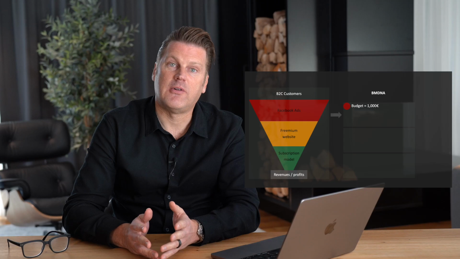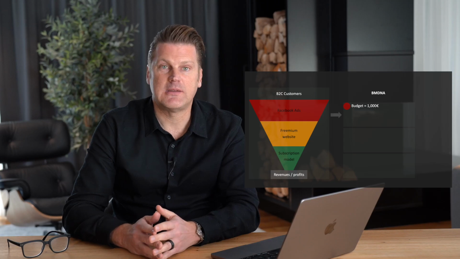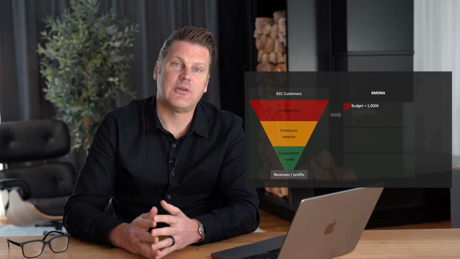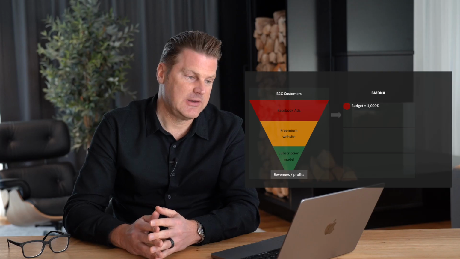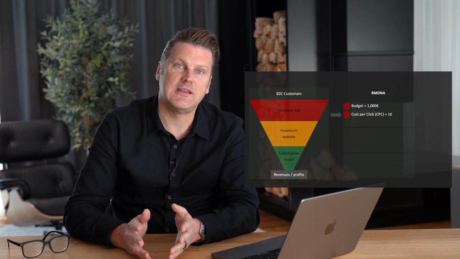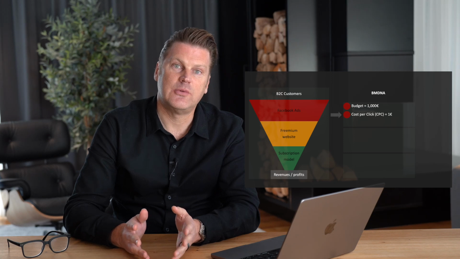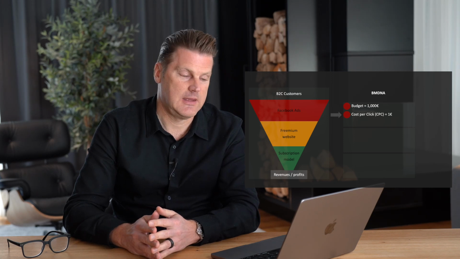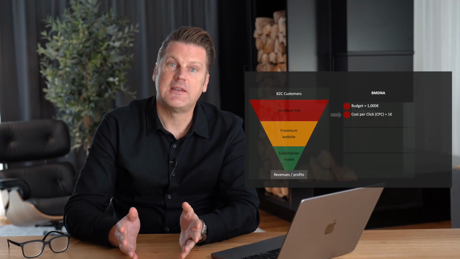So the budget was 1,000 euros per month. That's it with the resource metrics. Let's talk about the performance metrics, which would be the cost per click price, which was in reality 86 cents. To make it easier to understand and to calculate, let's say it's €1. That's it with the marketing and sales metrics.